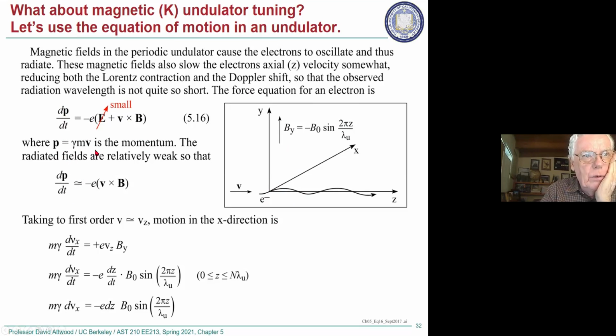We're going to notice that there's an applied magnetic field, and in fact it's an extremely strong magnetic field. It's measured in Tesla, and V is as big as we can get it, almost c. So this is a very strong term, and the only electric field around is the electric field in the X-rays we generate, and that's very small.